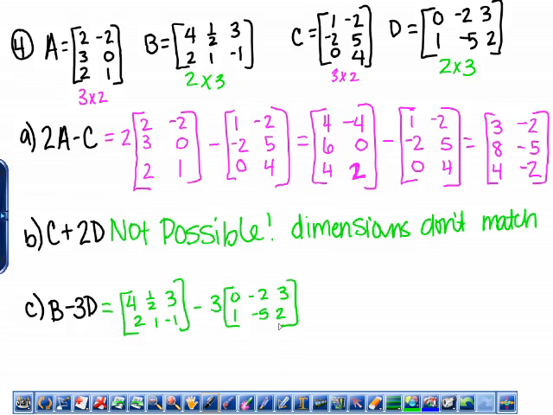Okay? That is your personal preference. You get to choose what you would like to do. Which one would you guys like to do? Multiply by positive 3 or negative 3? Positive. Okay. If you would rather do negative, go for it.